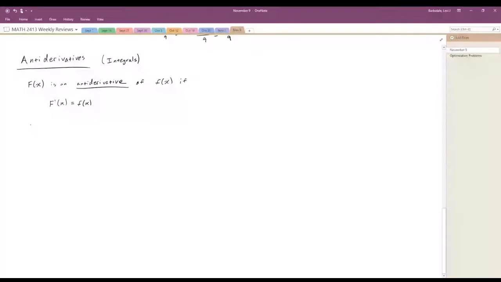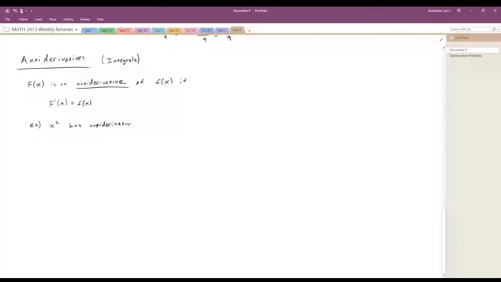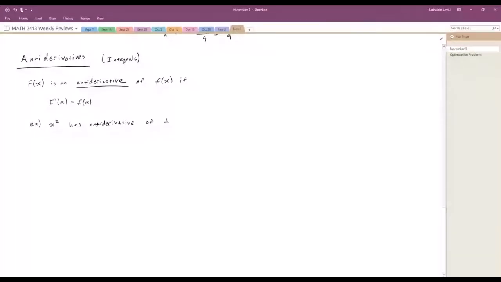So for example, let's say we had x squared. An antiderivative would be 1/3 x cubed.